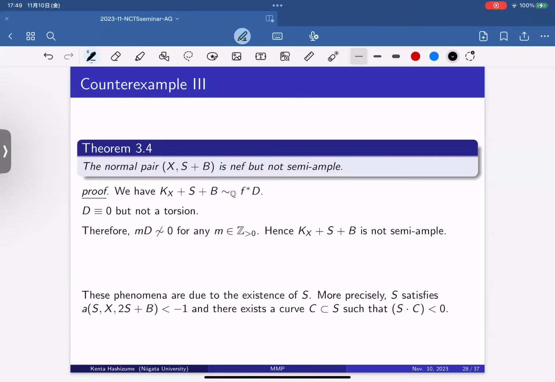Okay, such bad properties are due to the existence of S. More precisely, S satisfies the condition that the discrepancy of S with respect to this pair is strictly less than -1. And there is a curve C contained in S, in other words C equals S, such that the self-intersection number is negative.